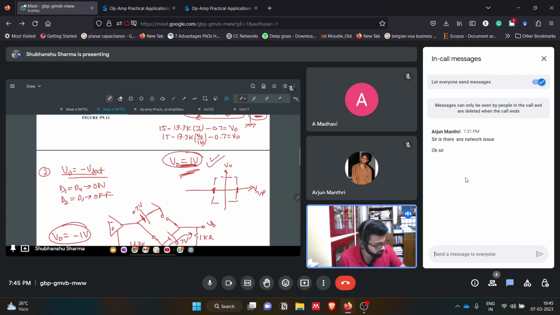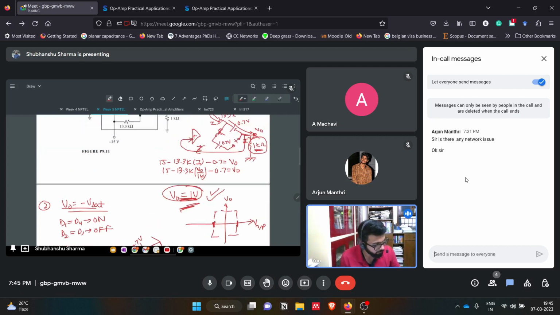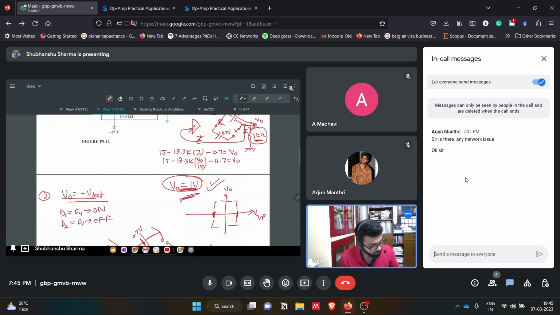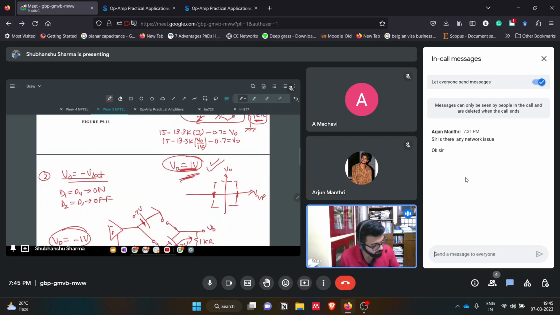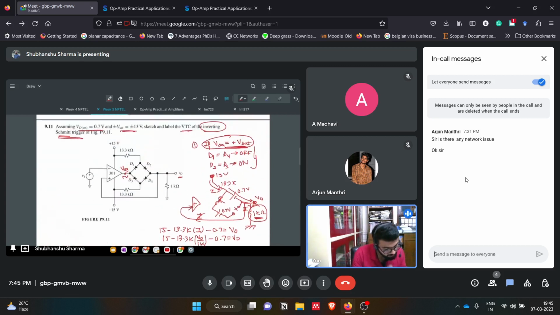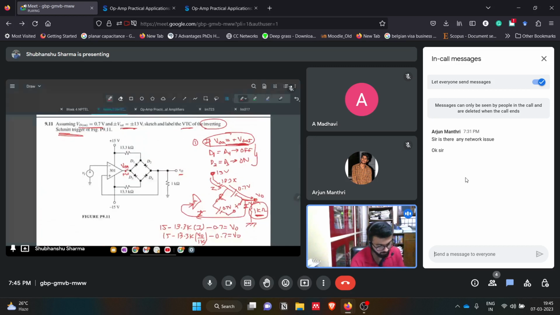If the output of the op amp is plus V saturation, then the input is positive, when VO will be positive plus V saturation, when this voltage will be less than the V plus voltage.